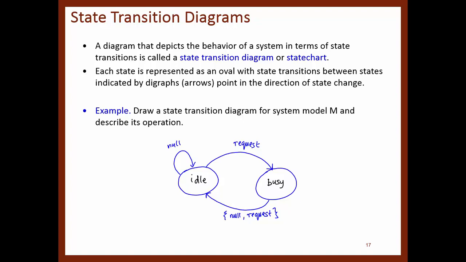But if you're idle and you receive a request, then you're moving from idle to busy. And if you're busy and you receive either a request or a null input, then you're going back to idle. It's the same representation of what we described as a model using the sets and the functions.